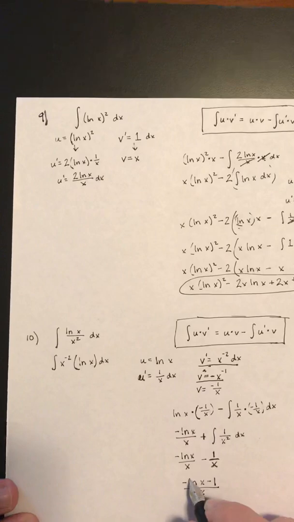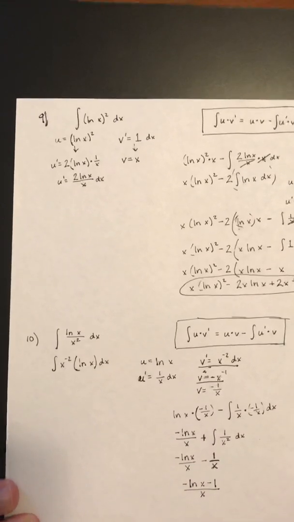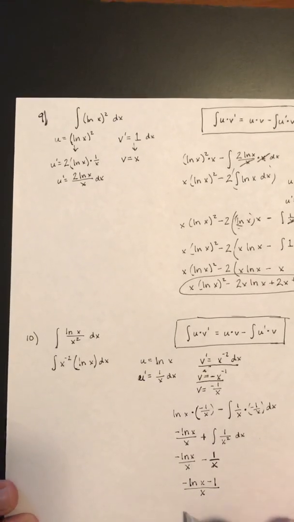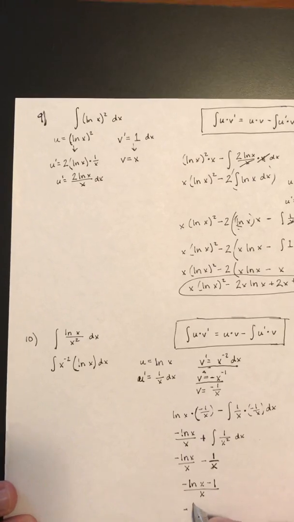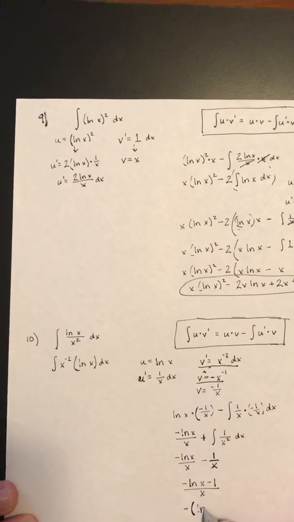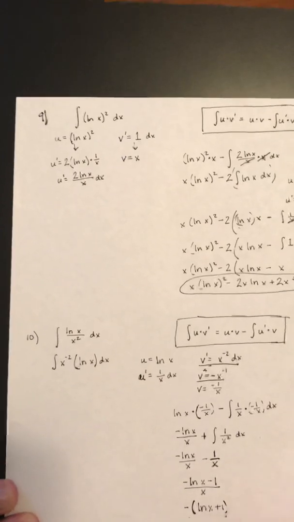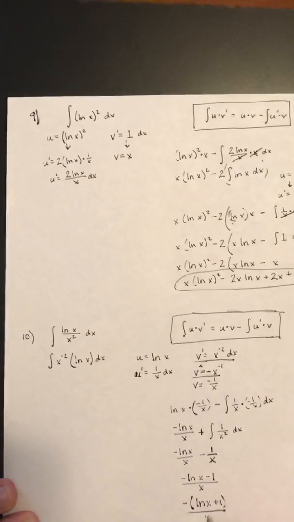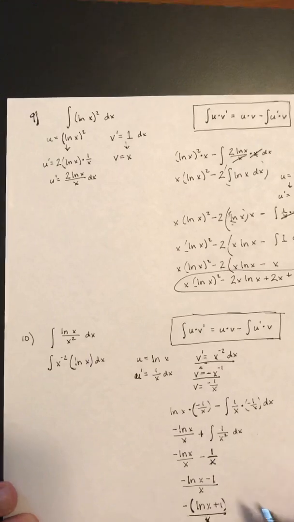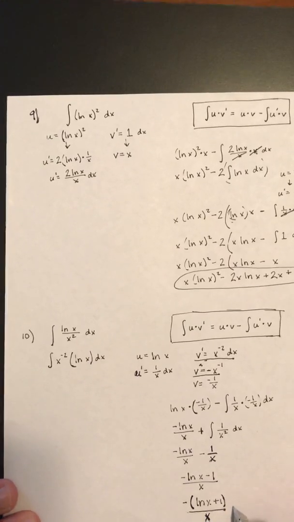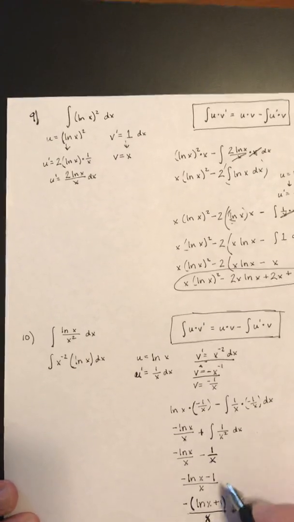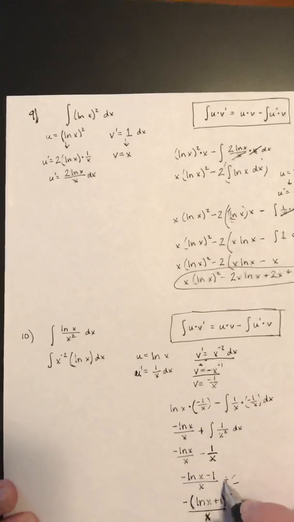There's a couple of different ways you could write this. That's one option. Another option is negative, and then use parentheses, so you factor out the negative: ln of x plus 1, over x. But either way, you still need to remember to put your plus c, your plus constant, at the end.